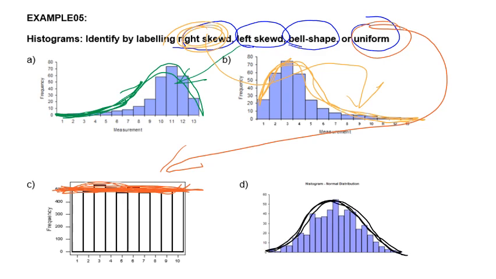To me, it looks like a hill. It has two tails, bell shaped. So there you go. Histograms help us identify the data distribution: right skewed, left skewed, bell shaped, uniform.